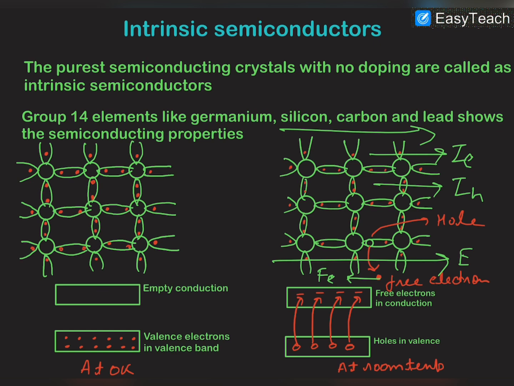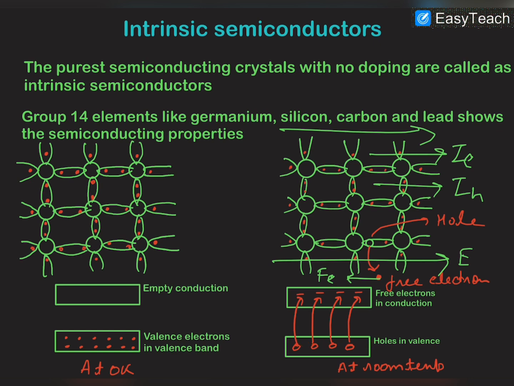But at room temperature, in which we exist, the electrons have a sufficient amount of kinetic energy so that they become free, break their bond and jump into the conduction band. So at room temperature, some of the electrons are free, and they create a hole in the valence band.